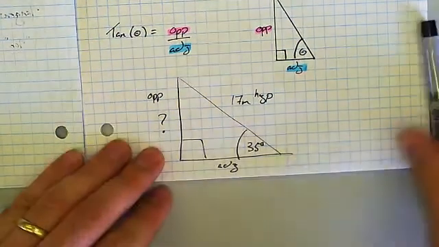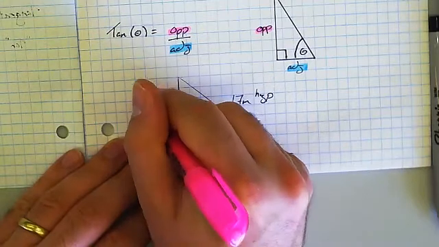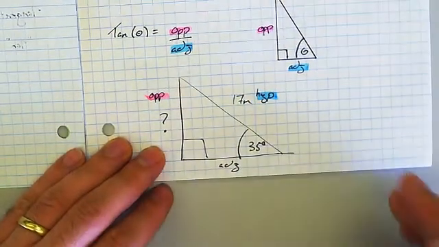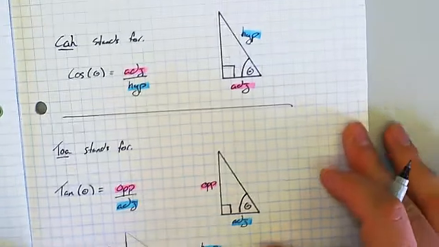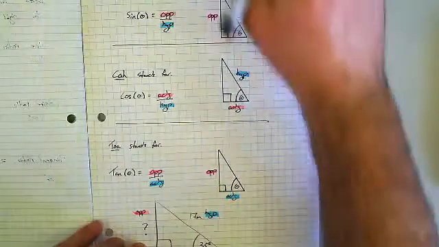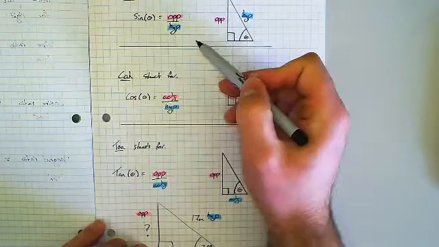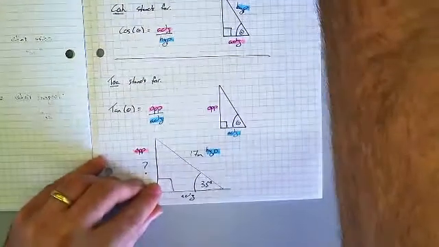I then pick my right formula based on what I know. I know that I have an opposite and a hypotenuse. I look at my three trig functions, which one uses opposite and hypotenuse? It could be my sine ratio.